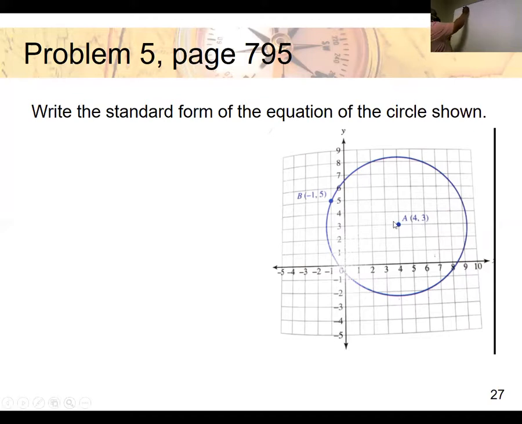A is 4, 3, that's the center. And B is a point on the circle, negative 1, 5. Now, what I need to do here is find the distance between those 2 points, A and B. That's going to give me the radius of this circle.